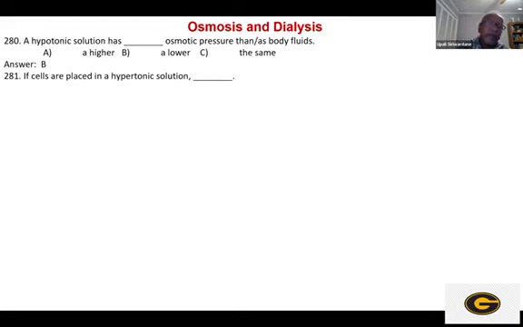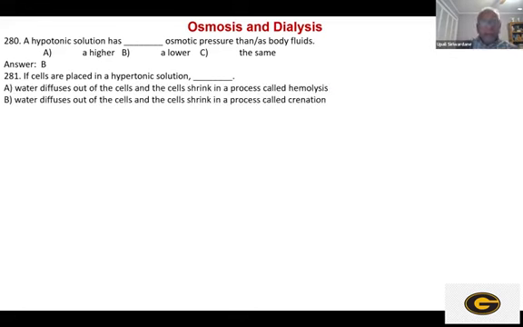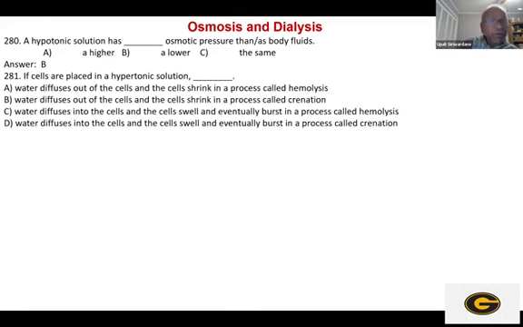If cells are placed in a hypertonic solution, hypertonic meaning higher concentration, what will happen to the cells? Cells will shrink. When cells shrink in a hypertonic solution, that is called crenation. Let's answer the question.